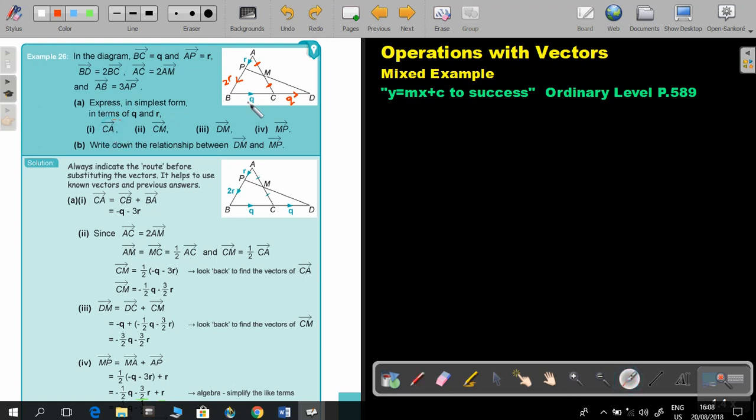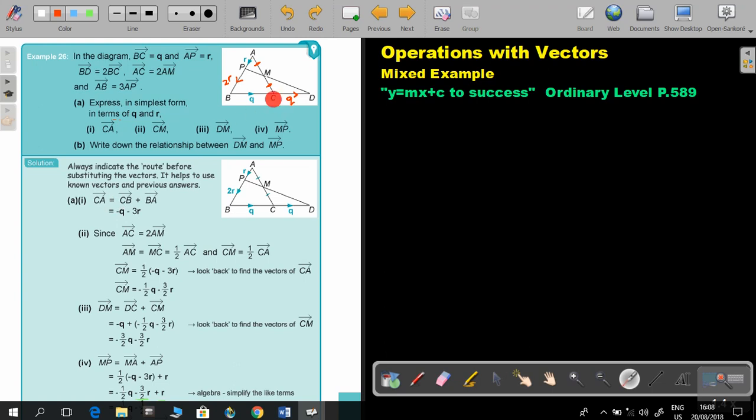CA. So basically, I will just look for a long route. So it will be from C to B and from B to A. Now remember, always indicate the route before substituting the vectors. It helps to use known vectors and previous answers.